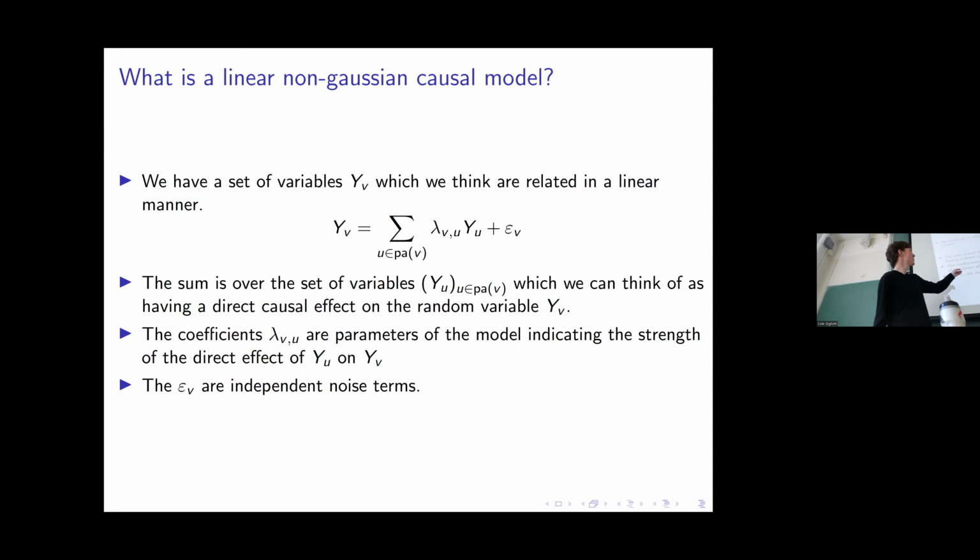The coefficients are parameters of the model, and we're going to learn them and essentially learn which ones are 0 and which ones are not 0. And the epsilons are independent noise terms.